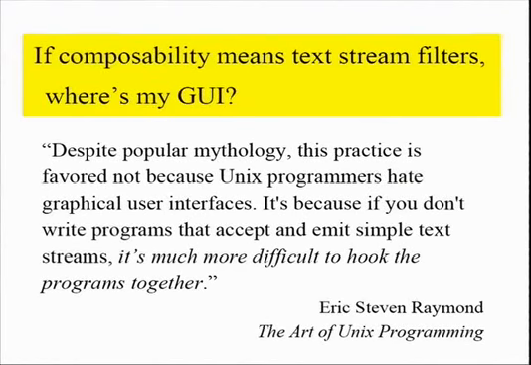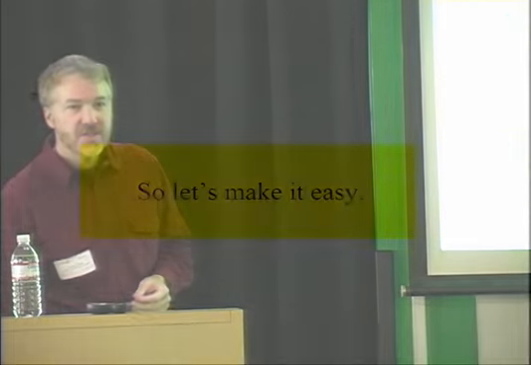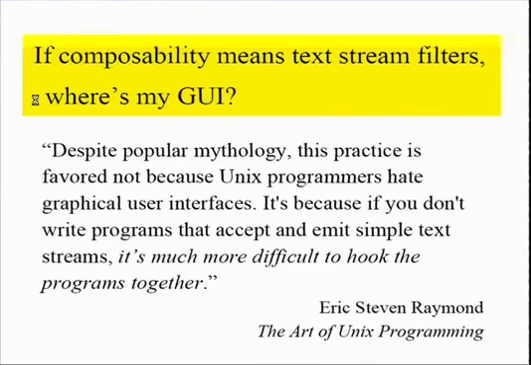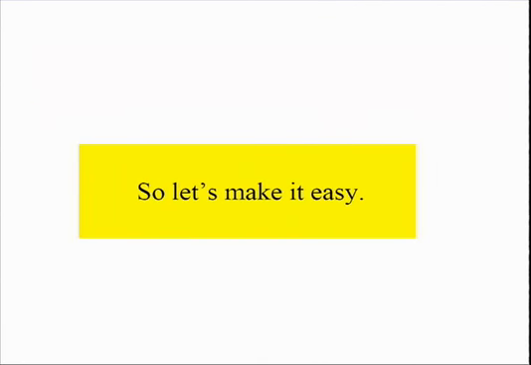So this emphasis is mine. It's much more difficult to hook the programs together. So here's a technique. We want to be able to hook programs together, in other words, composition. Well, here's a way to do it with text streams. But we throw out a tremendously rich world when we do that. So instead of sort of dumbing down our world to text streams, let's have it be not more difficult. Let's have it be easy to hook GUI programs together.